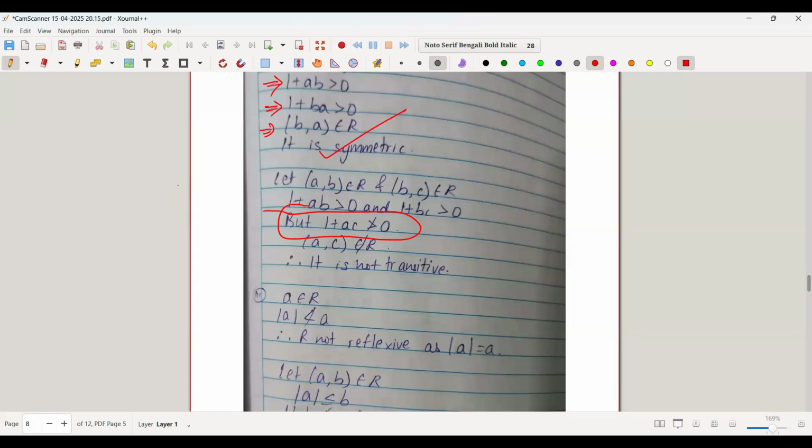This is the property: 1 plus ab greater than 0, 1 plus bc greater than 0, but 1 plus ac not greater than 0.